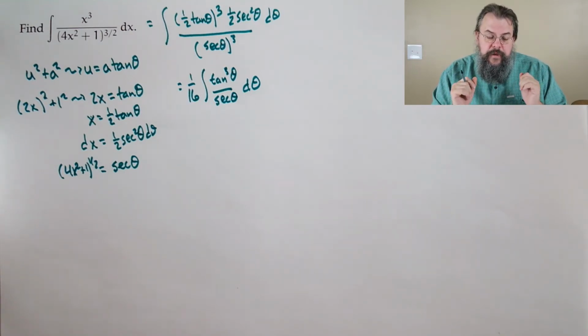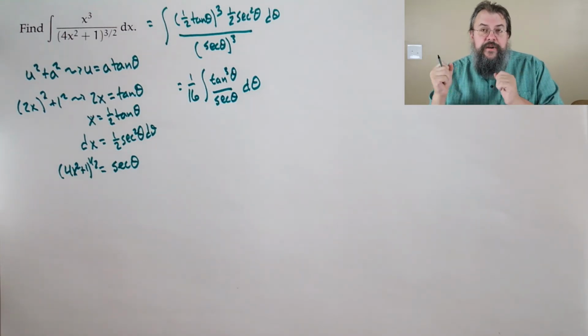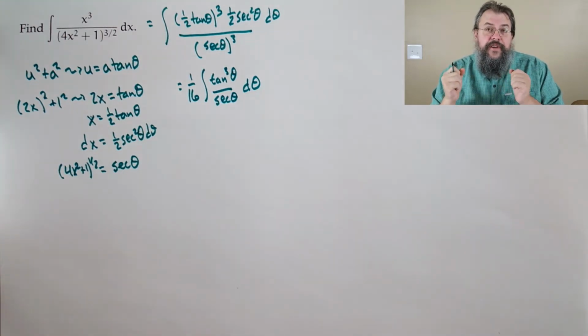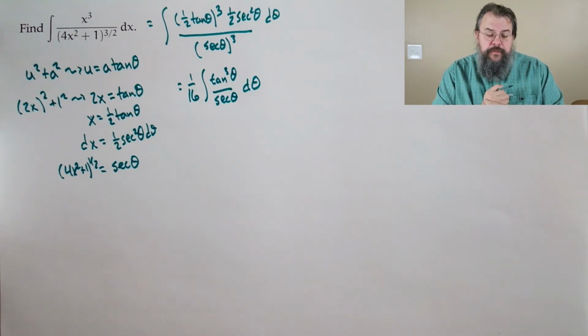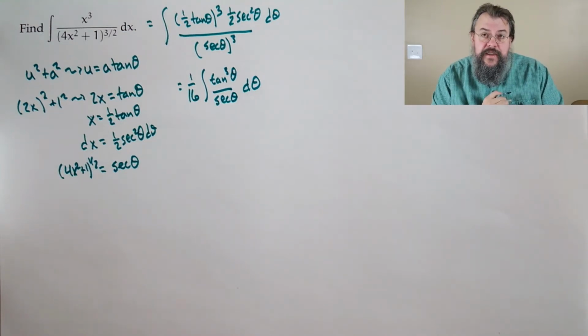When I see things involving secants and tangents, I can either pull off a secant squared to the end and write everything else in terms of tangent, which looks like it would be a little bit challenging, or I can pull off a secant tangent to the end and write everything else in terms of secant.